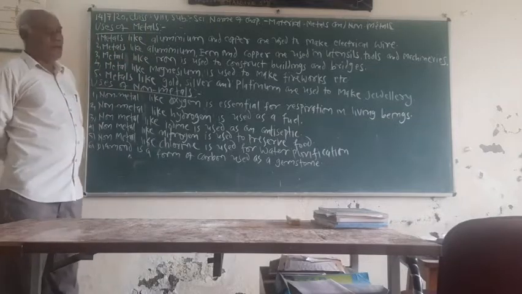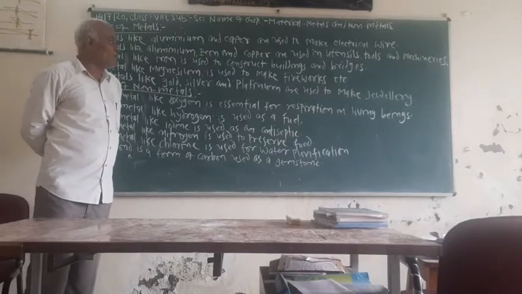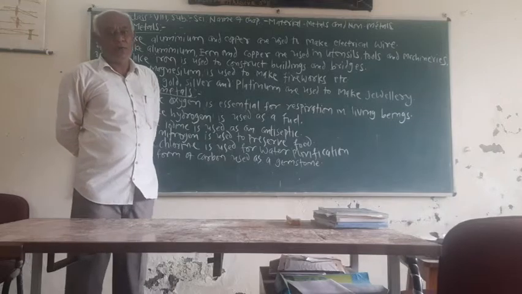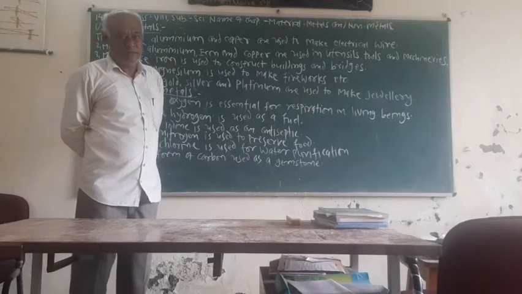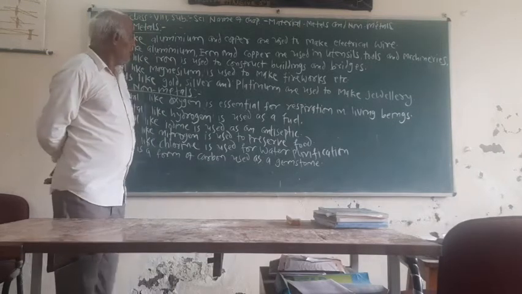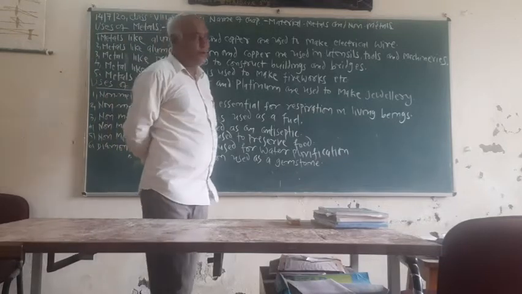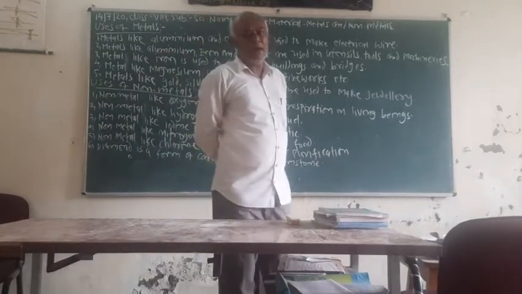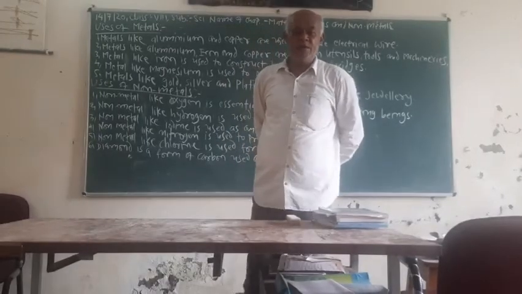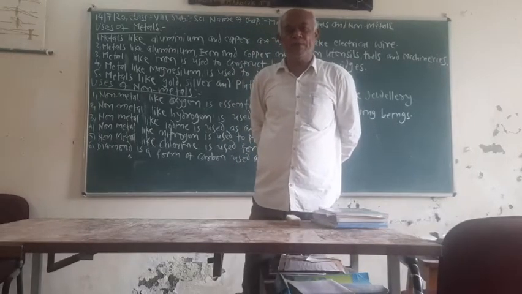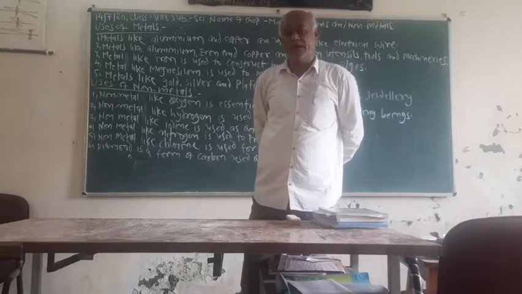Metals like aluminium, iron and copper are used in utensils, tools and machinery. These metals, aluminium, iron and copper, are used to prepare utensils. These utensils are used to prepare food in our kitchen.